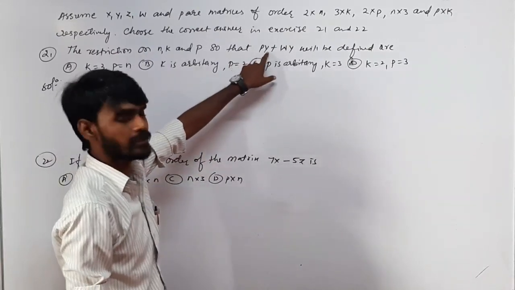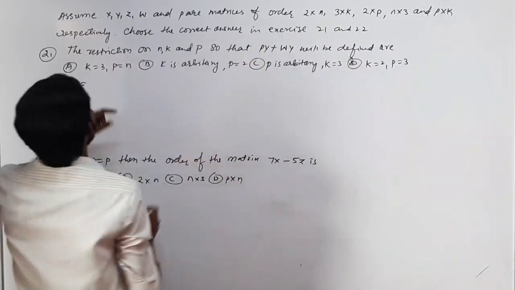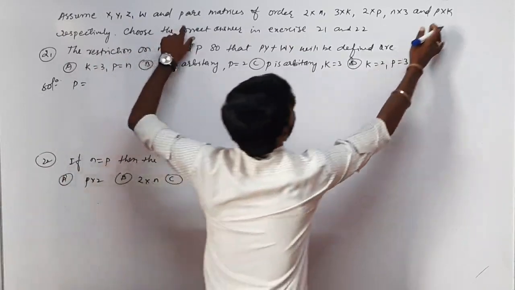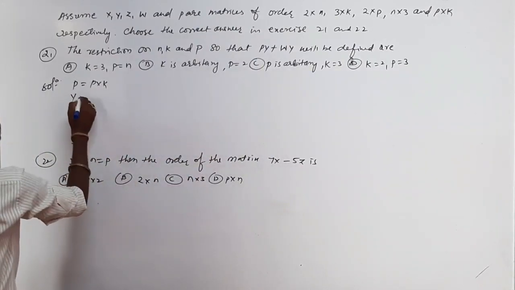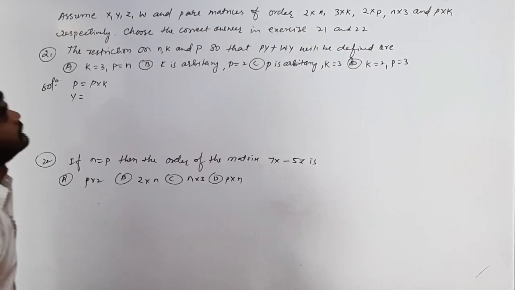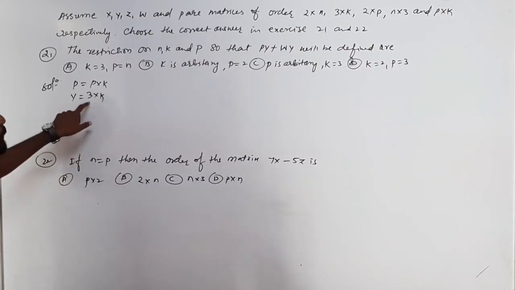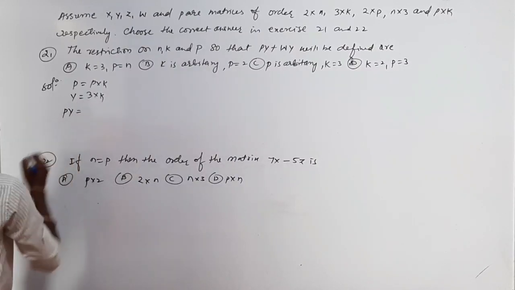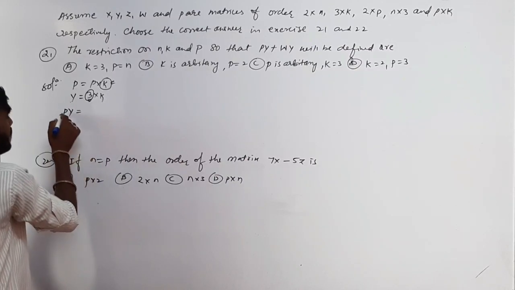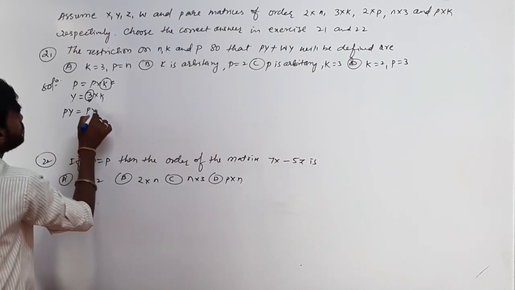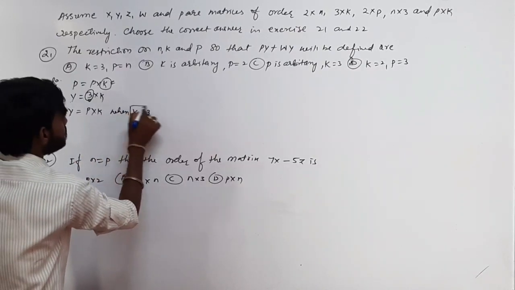Now here P and Y are the two matrices. P matrix order is P cross K, and Y matrix order will be 3 cross K. So when we take the product of these two matrices, PY, the P matrix column and Y matrix row must be equal, then the PY order will be P cross K. When K is equal to 3, is it right?